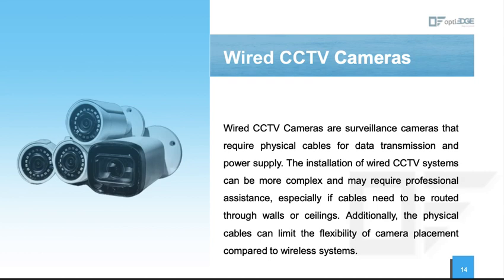Now, the thing about this is that, say, for example, you need four cameras in a house. What it means is that for every point you have the camera, wire must run from that camera to a point where you have the DVR. There are about three components in it.